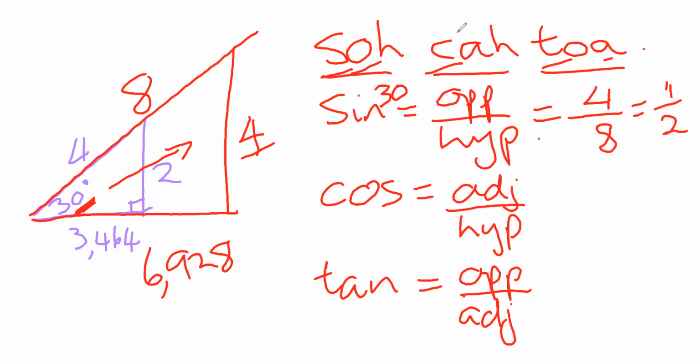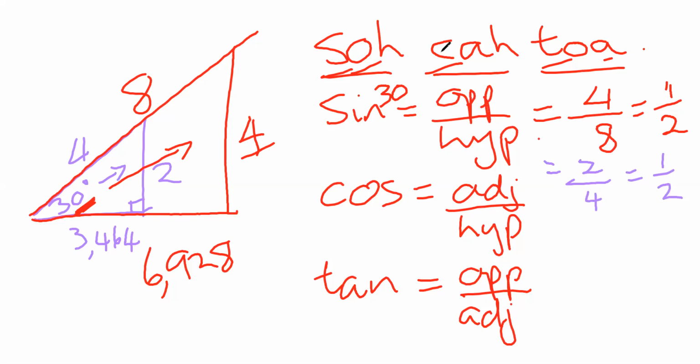If you were to take the purple triangle's figures, you would look and you would see that the opposite side of this 30 degrees now is just 2 in length, and the hypotenuse is 4. And again, you would get a half.